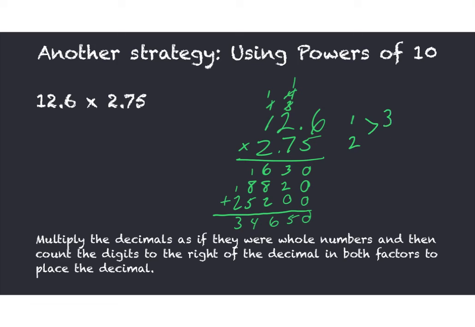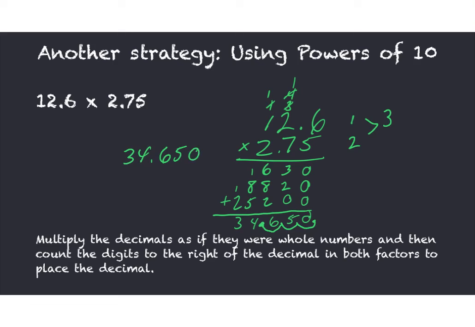That means that we need to move our decimal over 3 places. Starts off here. 1, 2, 3. So our answer is going to be 34 and 65 hundredths, or you could say 34 and 650 thousandths.